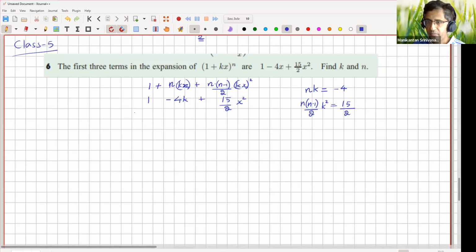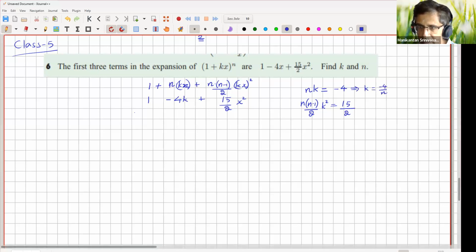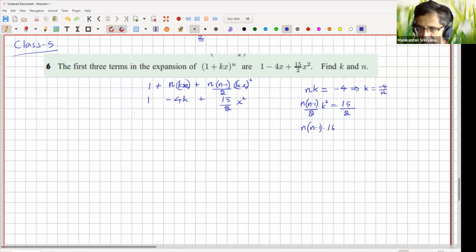Agree? Yeah, I get it now. The easiest way is to put back what k is in the second equation. From the first, k is minus 4 by n. I can substitute that here. So that becomes n into n minus 1 into 16 by n square, that's k square, upon 2 equal to 15 by 2.